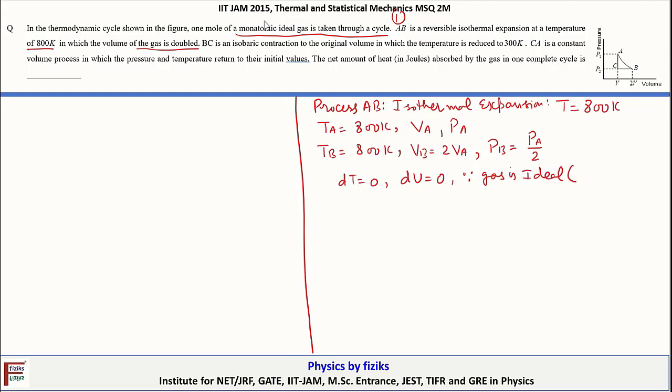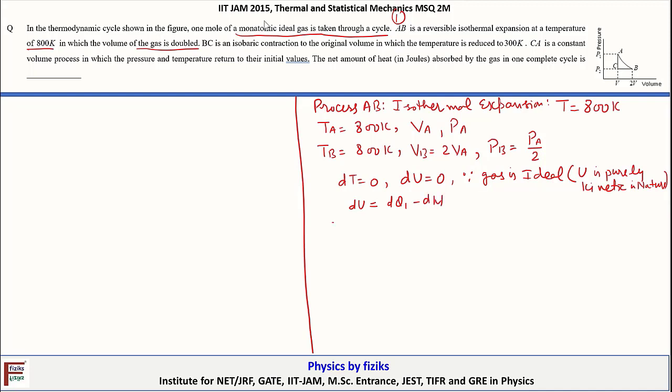The reason is that for an ideal gas, U is purely kinetic in nature, so it's a temperature dependent quantity. Okay, that's the point here. So we can apply the first law of thermodynamics to evaluate the corresponding heat energy exchange. dU is equal to dQ1 minus dW.